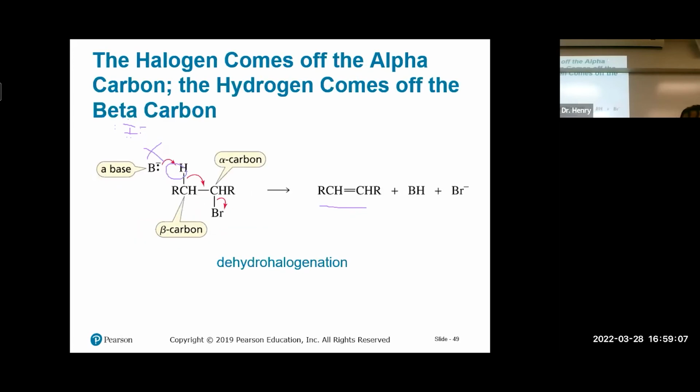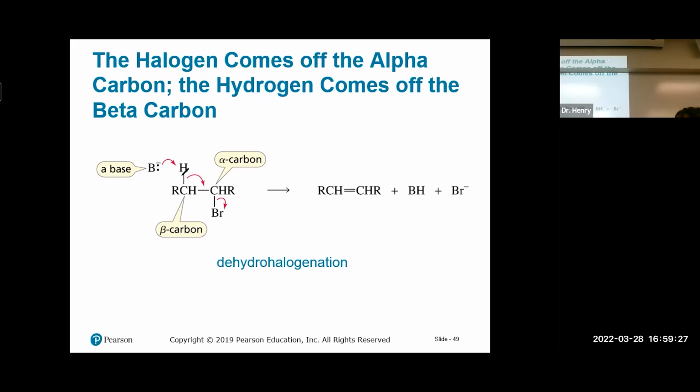Okay. So B here represents base, it doesn't represent boron. So you have a base. The base is always going to be donating its electrons to the hydrogen to release that hydrogen.